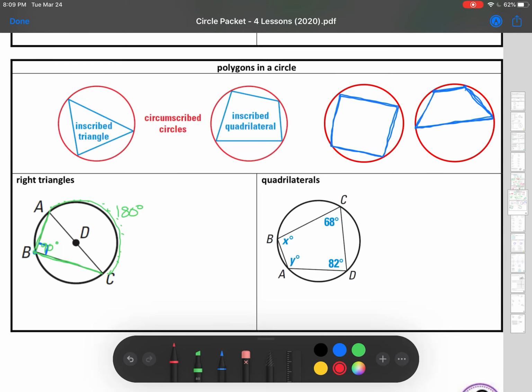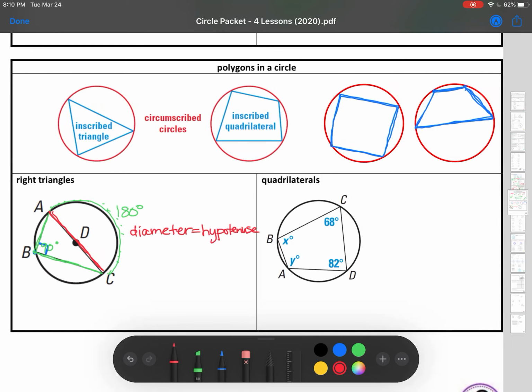And so for a right triangle, the theorem goes that if you have a right triangle inscribed in here, then the diameter of the circle has to be the hypotenuse of the right triangle. Does that kind of make sense? That's just the only way that a right triangle will fit in there.